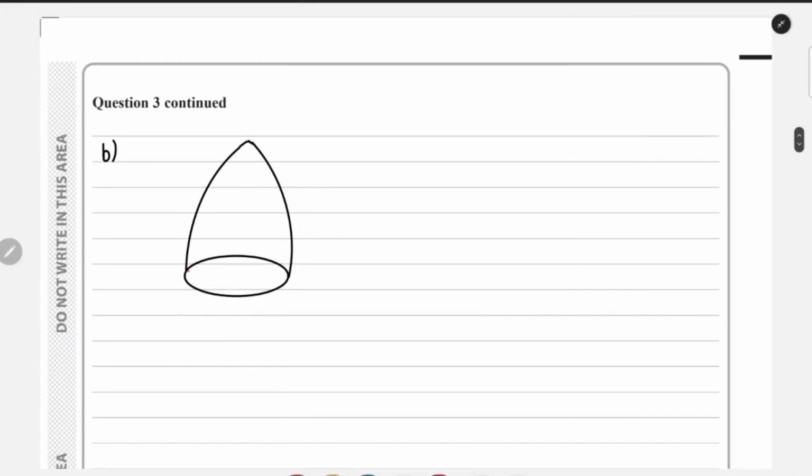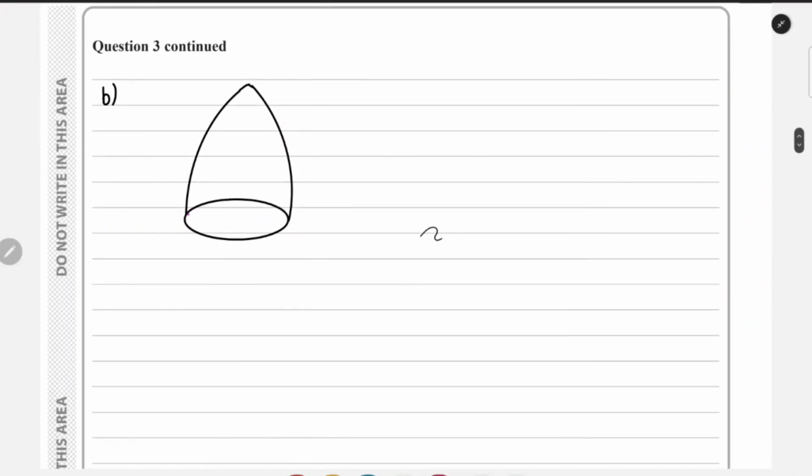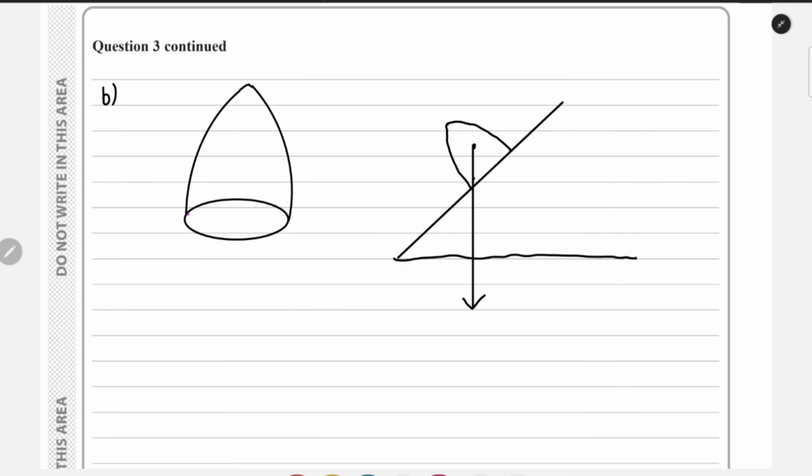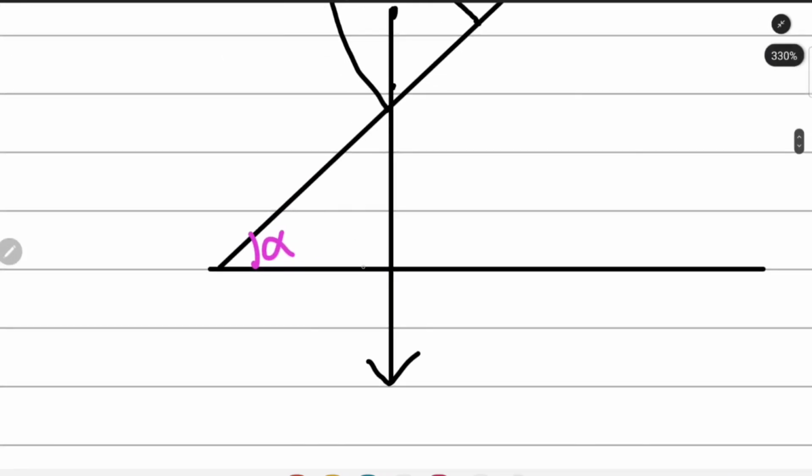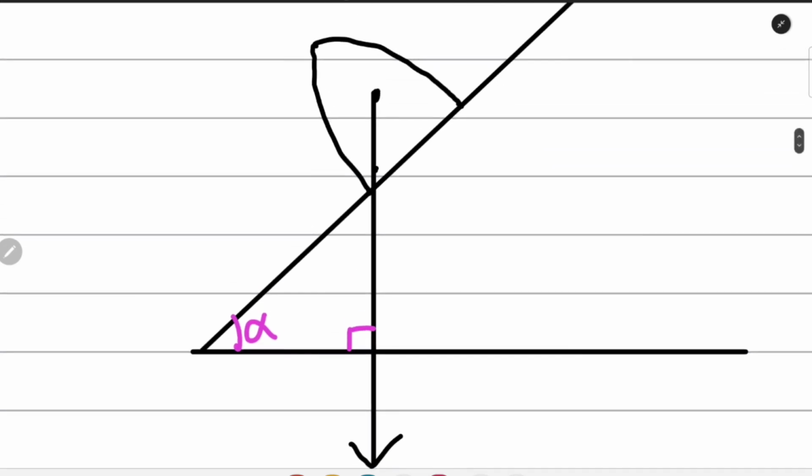If you look at a diagram like this, this would be the ramp. So this would be the scenario over here. This will be α. This is 90 degrees, so this will be 90 − α.